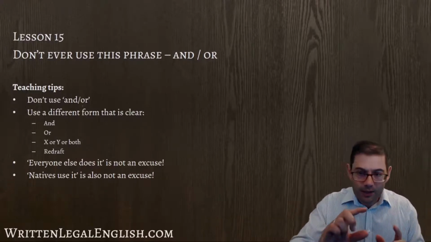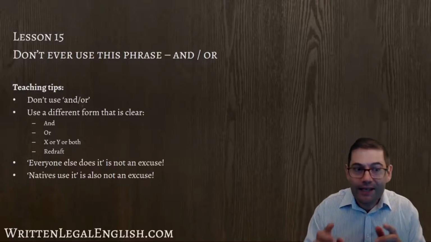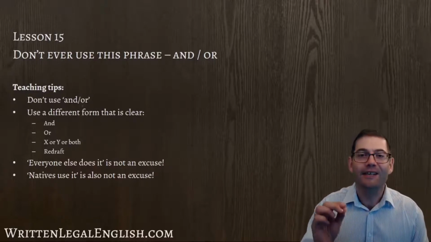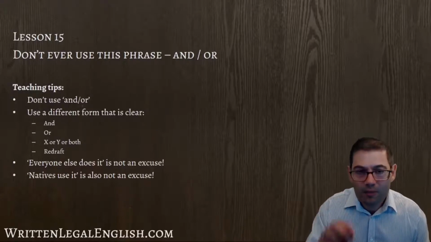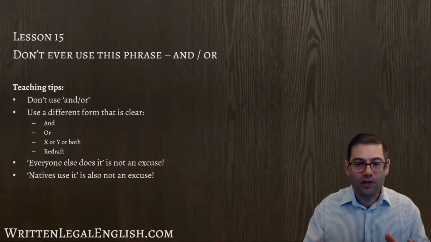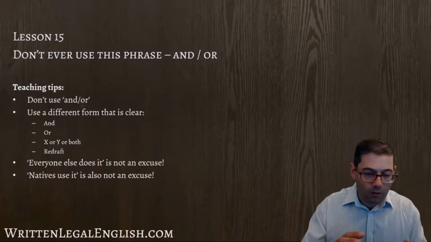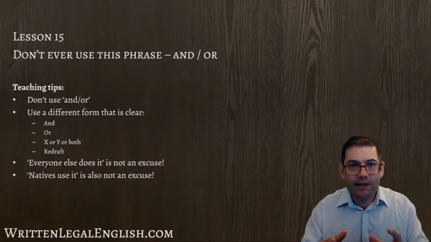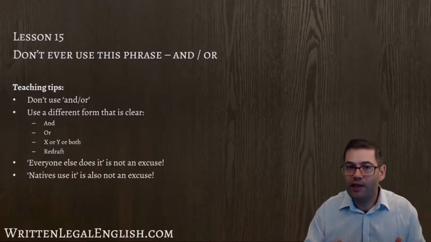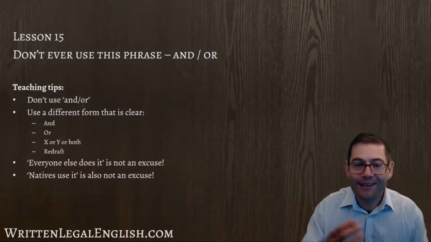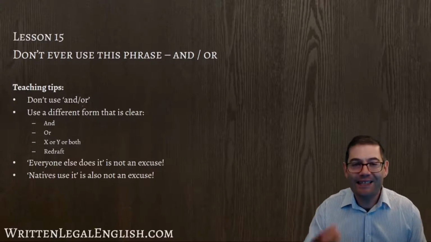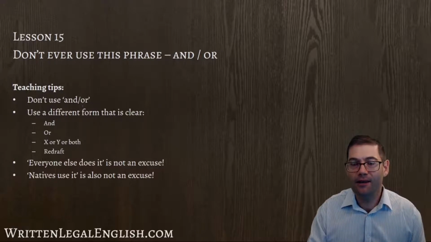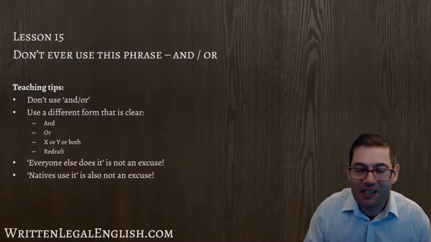And also, connected to that point, natives use it is also not an excuse. Native lawyers also make mistakes. When judges have to decide about what and/or means, they're not deciding this because foreign lawyers have written these contracts. These contracts have been written by native lawyers. Native lawyers make this mistake. You now know it is a mistake.